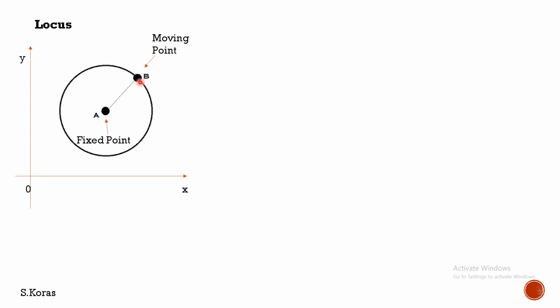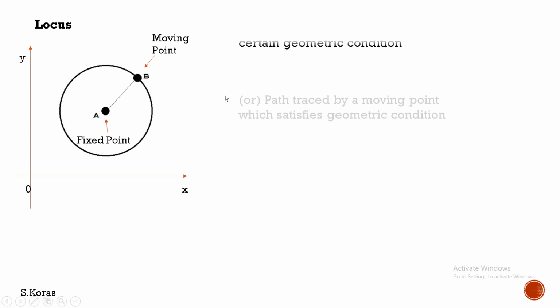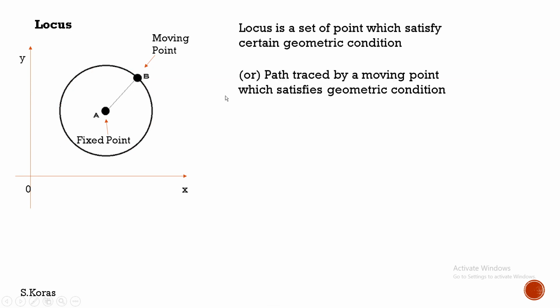The second way, a point which moves with a particular condition and the path traced by that moving point is called the locus. So that's the definition. So locus is a set of points which satisfies a certain geometric condition, or the path traced by a moving point which satisfies a geometric condition. If you see the animation, you can understand it very easily, right?